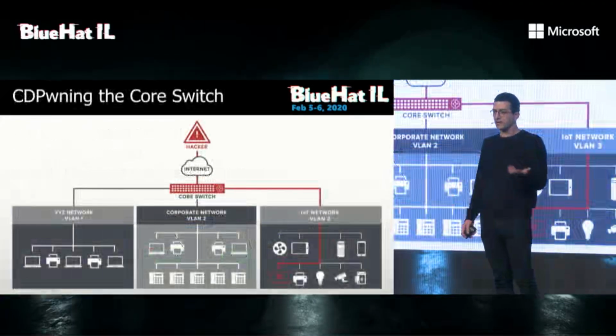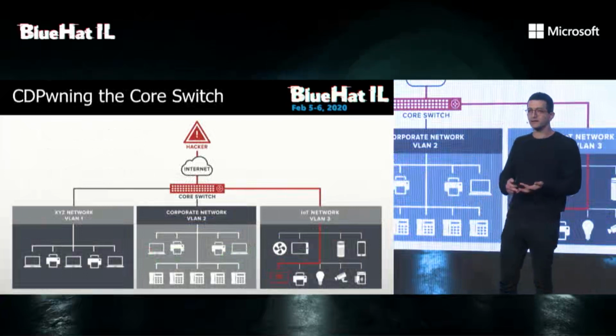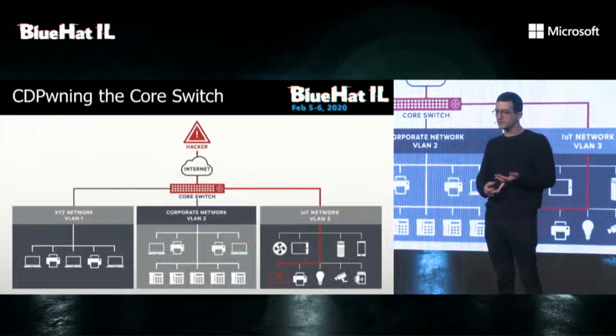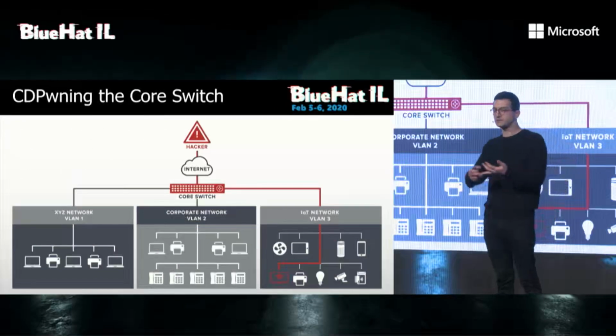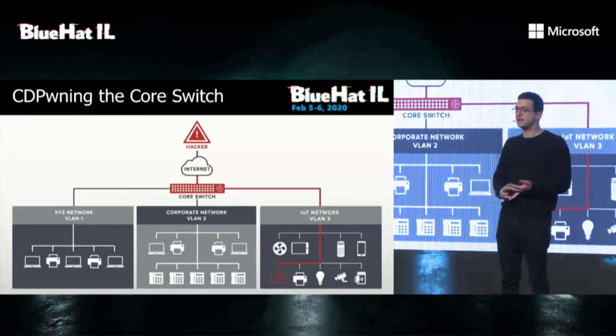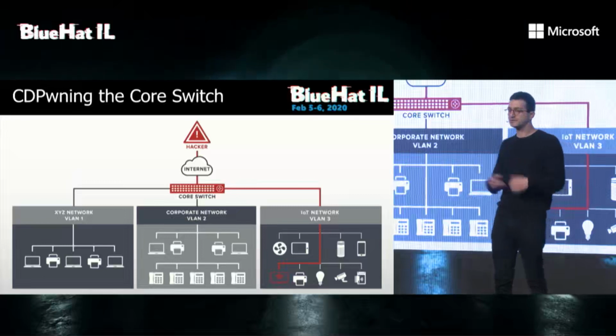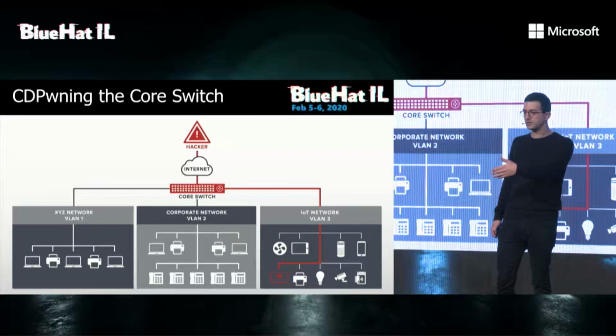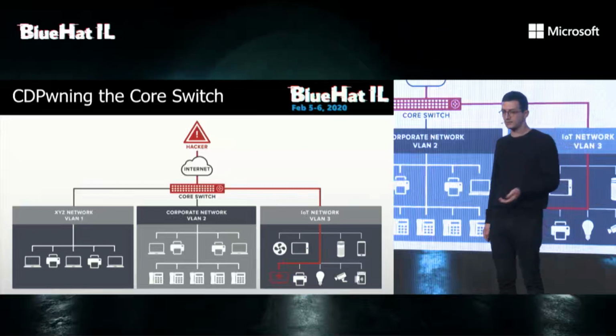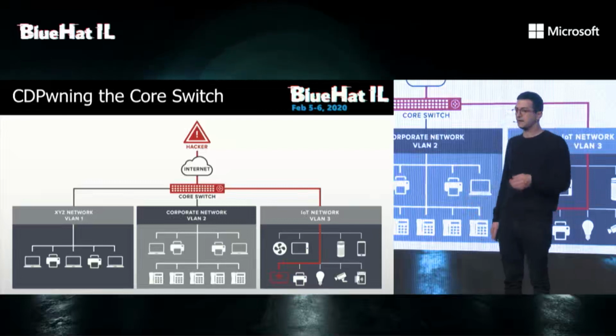Okay, so if DTP and double VLAN tagging can't be used, what can attackers still do? What they can still do is look for vulnerabilities in whatever layer 2 protocols are parsed by the code inside the switch. And CDPwn is vulnerabilities in exactly that type of attack surface.